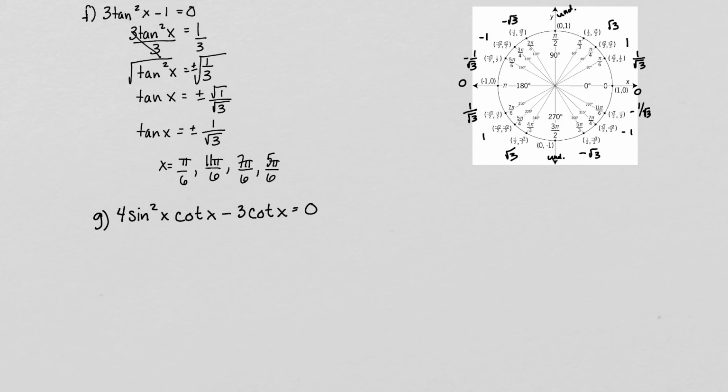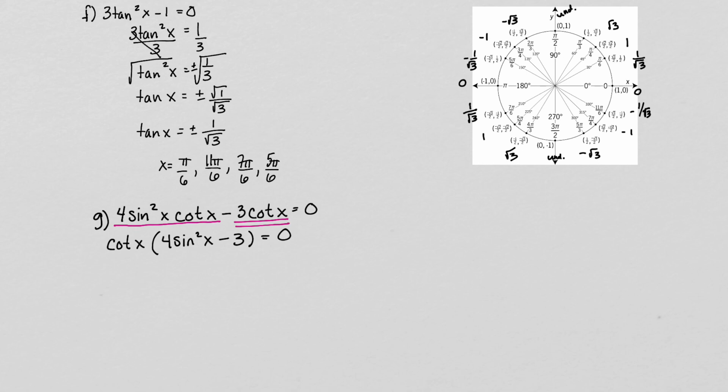Same thing here. It's just that we're factoring out trig functions. So if I look at my two pieces, my first piece is this 4 sine squared x cotangent x, and my second piece is this 3 cotangent x. Is there anything similar? A common factor that I could pull out? Yeah, the cotangent. So if I factored out the cotangent, I'd have cotangent x times 4 sine squared x minus 3 equals 0.